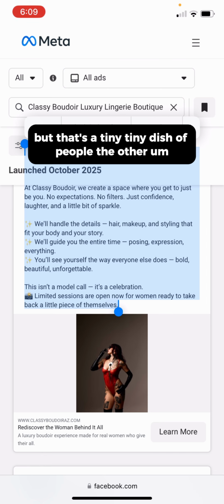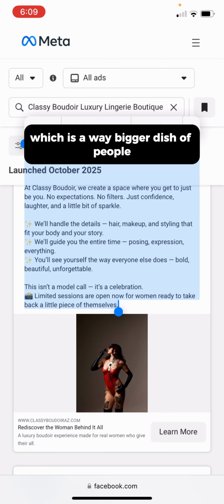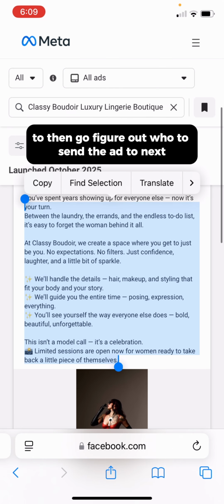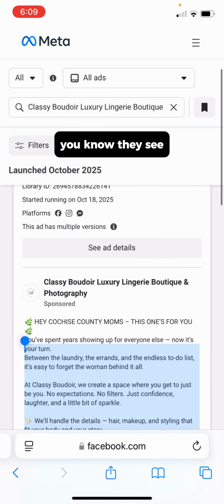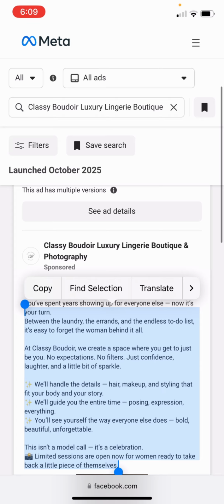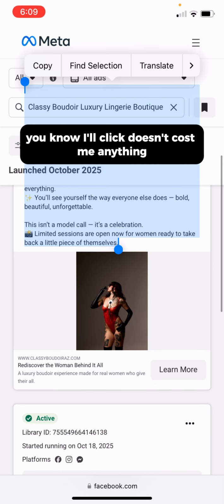But that's a tiny, tiny dish of people. The other group of people they use is who clicked on the ad, which is a way bigger dish of people to then go figure out who to send the ad to next. So if people are just clicking, they see multiple users showing up, all right, I'll click, it doesn't cost me anything.